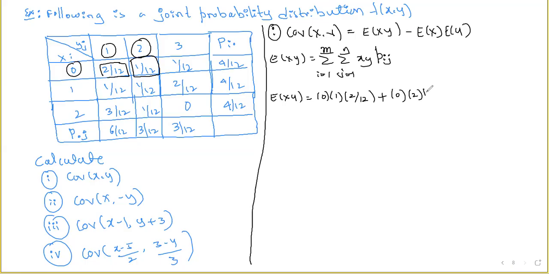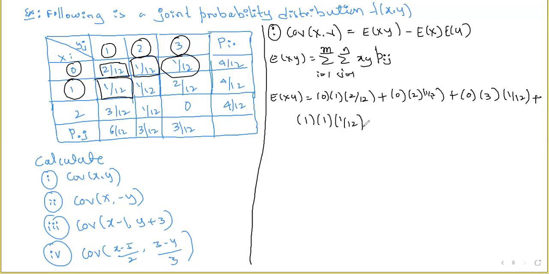Plus x is 0, y equal to 3, probability 1 by 12, plus x is 1, y is 1, and its probability is 1 by 12, plus x is 1, y equal to 2, its probability 1 by 12, plus x is 1, y is 3, and its probability is 2 by 12.